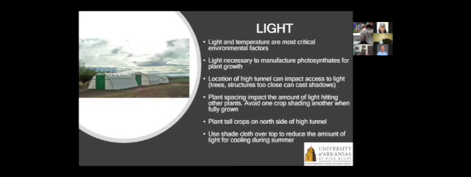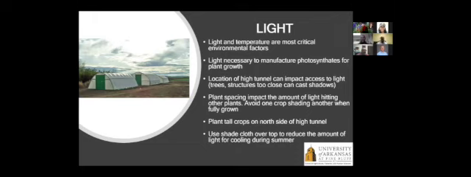In terms of light and temperature, these are the most critical environmental factors. Light is necessary because that is what manufactures the photosynthates, the materials that aid plant growth. So depending on where you locate your high tunnel, that can impact access to light. Trees can provide shade over your high tunnel, so you want to keep it away from trees.